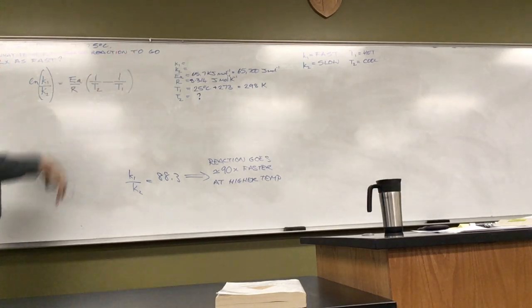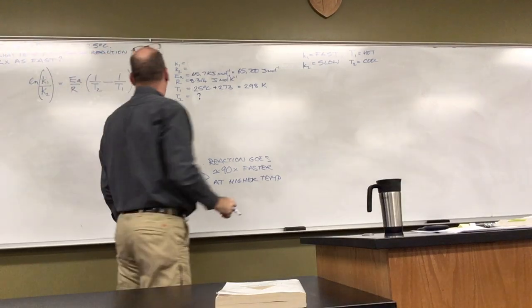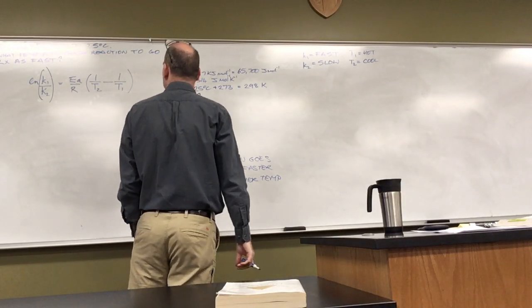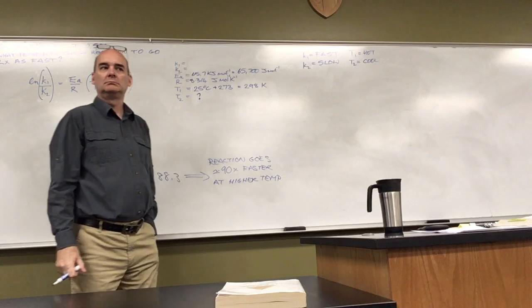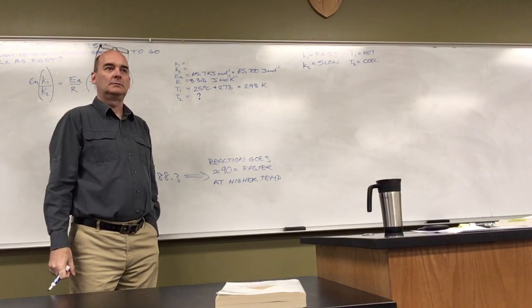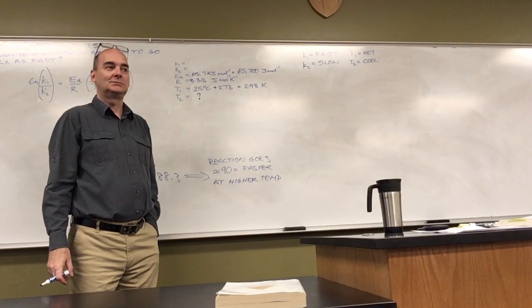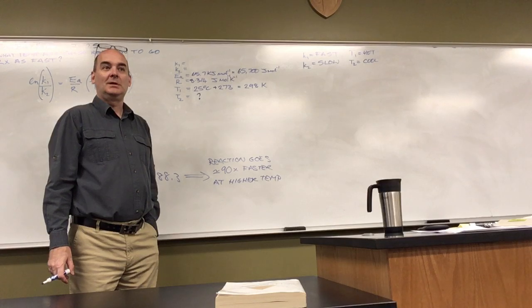The Ea has been converted into joules per mole. The R is already in joules per mole per Kelvin. And then K1 and K2. What's the value of K1? I don't know. What's the value of K2? I don't know.